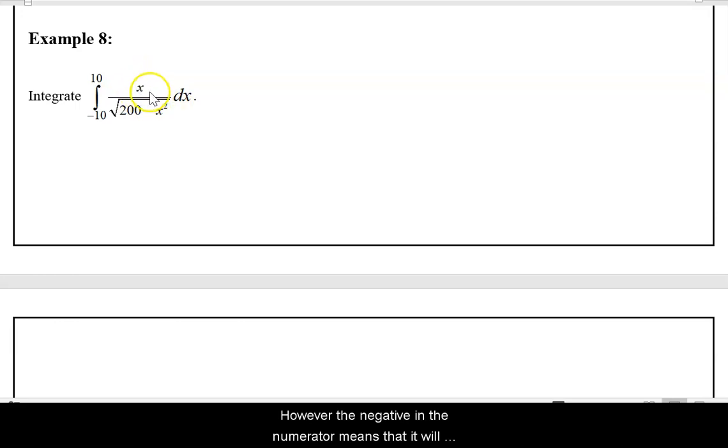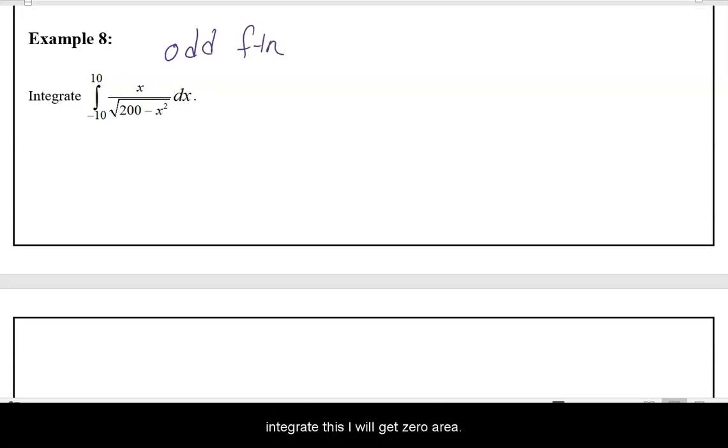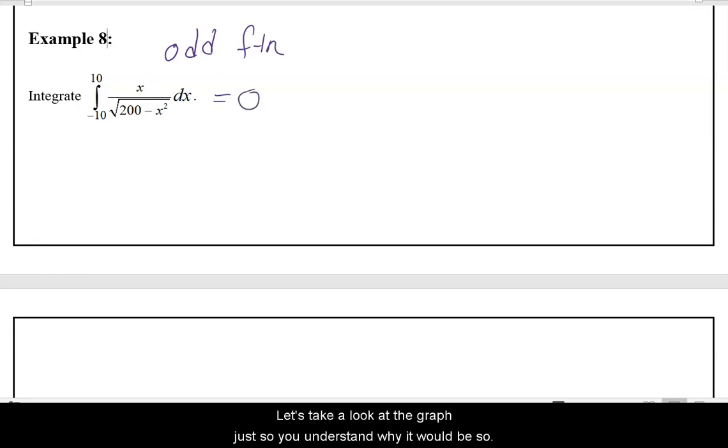However, the negative in the numerator means that it will change from positive to negative if I replace x with negative x. That means that this must be, in fact, an odd function. Since this is an odd function, then I know that if I'm going to integrate this, I will get 0 area. Let's take a look at the graph just so you understand why it would be so.